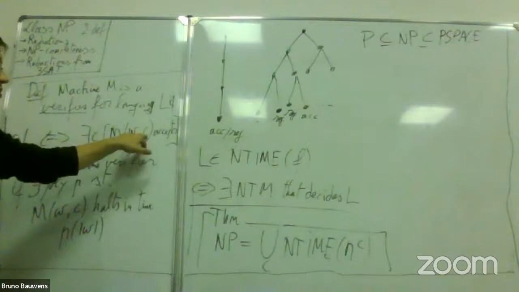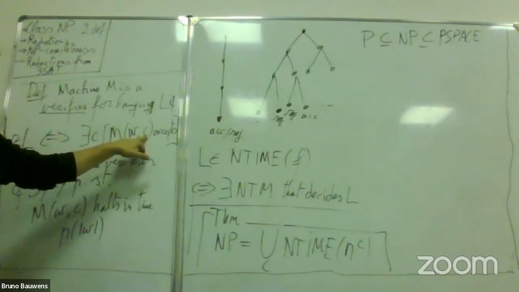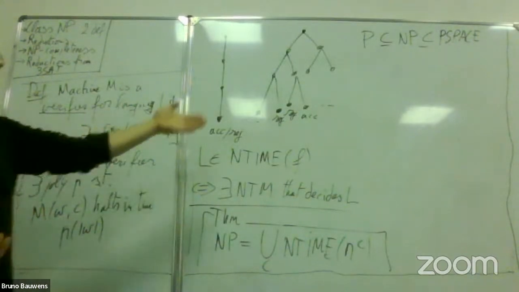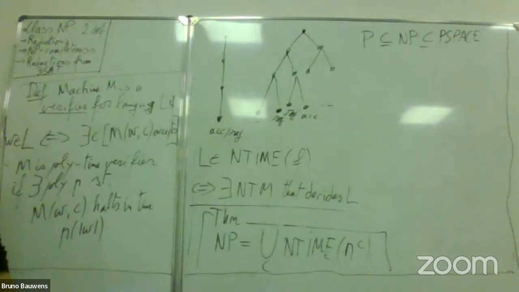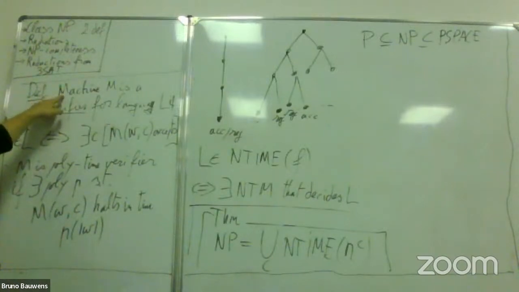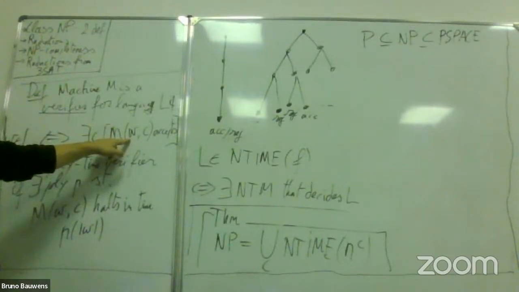And then we can brute force all certificates. Since the certificate has polynomial size, brute forcing over it requires polynomial space. And so we just keep a counter, increase it, and then run the polynomial time decider, polynomial by the first argument.